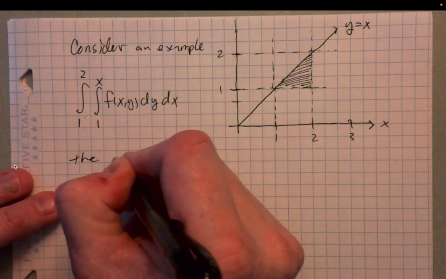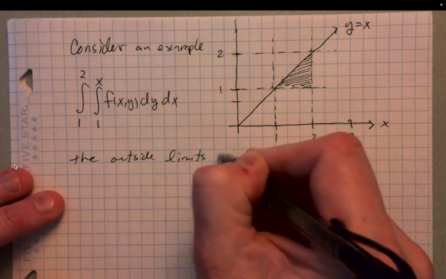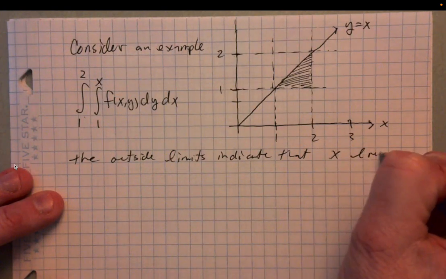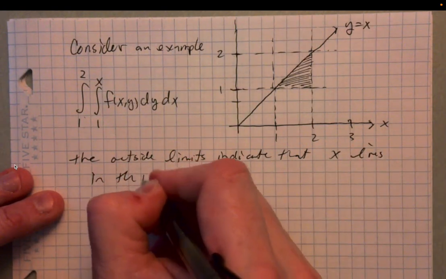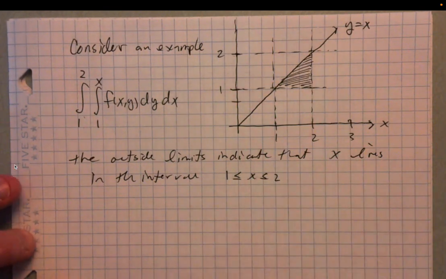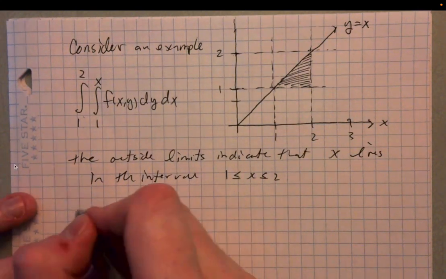So the outside limits indicate that x lies in the interval 1 to 2.